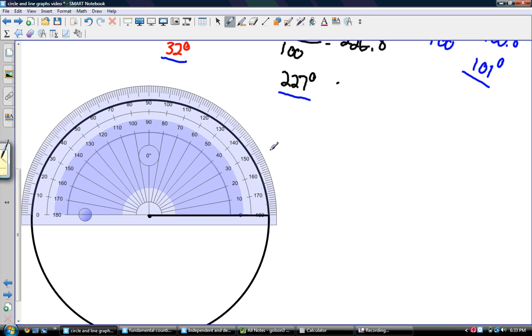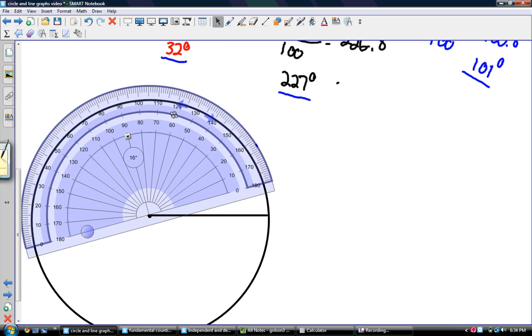So I'm going to go and do the 32 degree first. So I'm going to find 30. Let's follow it out. 2 more over. Now I'm just going to make a little mark right there. Okay? Then, once I have my mark, now I go back and I use my protractor as a straight edge.